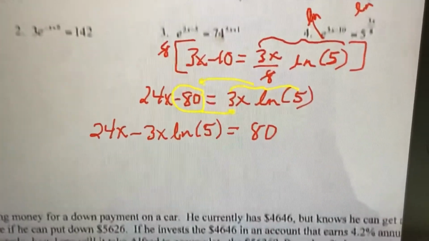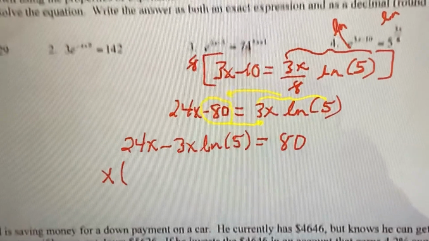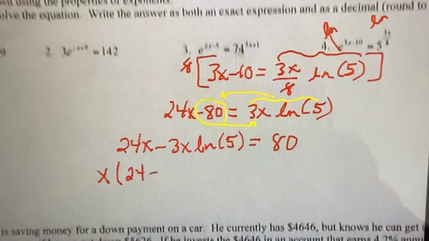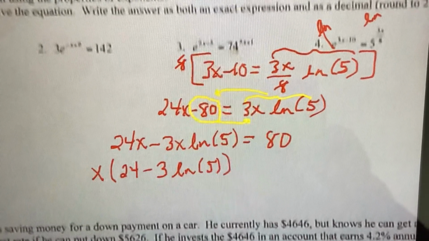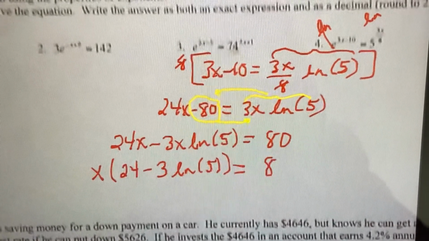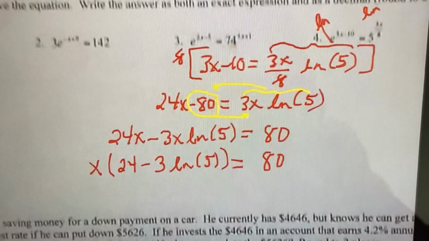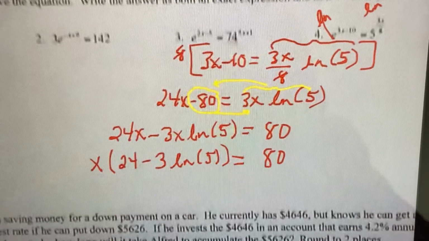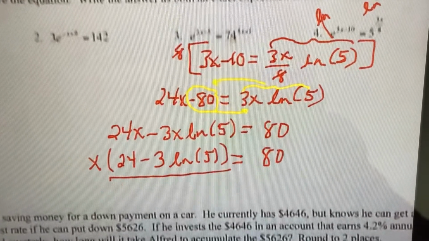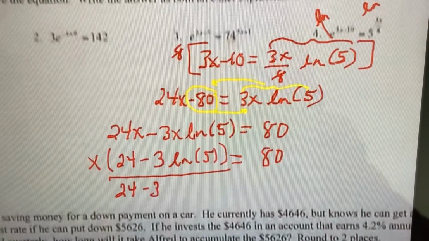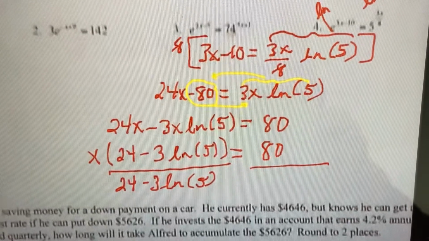Looking on the left-hand side, I need to factor out an x. So I'm left with x, parenthesis, and it's going to say 24 minus 3 natural log of 5 equals 80. And then divide by what you don't need. So I'm going to eliminate 24 minus 3 times the natural log of 5. And I'm going to divide it over here by the same thing.